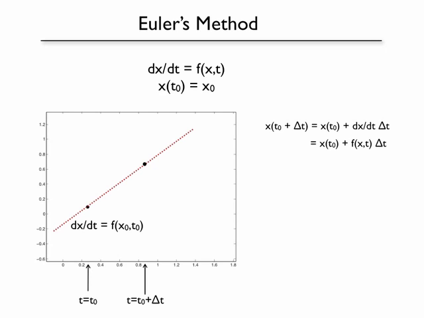Now we're there, we can find the derivative at that point by plugging into our function, and that's it. We just keep repeating that. We can now go out to t0 plus 2 delta t and keep on going as long as we want to. Now, of course, this is not going to be a great estimate unless delta t is quite small. It turns out that this method is only order delta t.